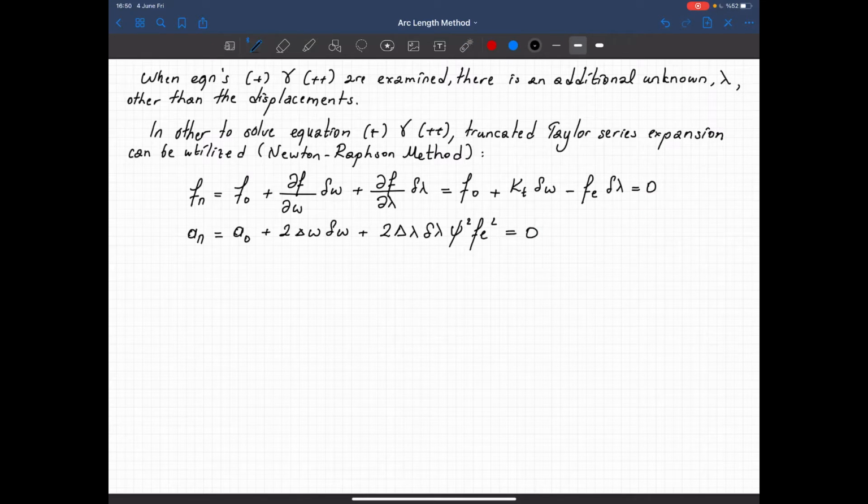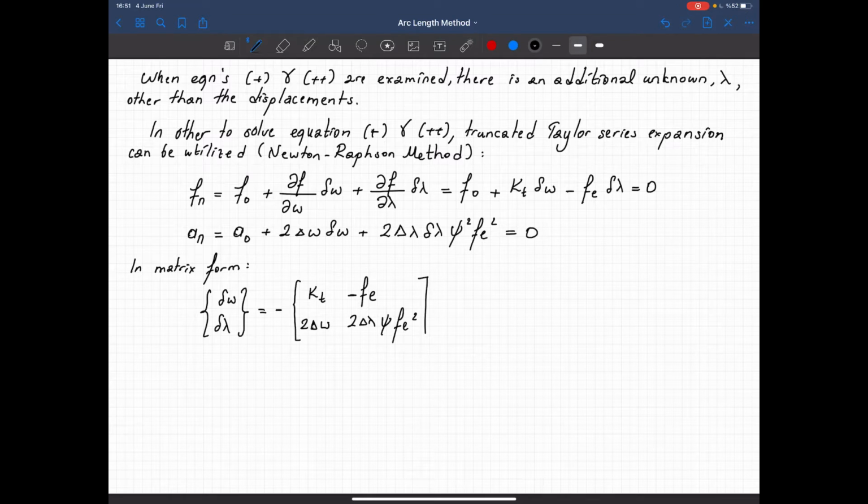So if I represent these equations in matrix form, I have that lambda equal to minus the tangent stiffness, minus Fe, 2 times delta W, 2 delta lambda phi square Fe squared, inverse, multiplied with F0 and A0, and this is our, let's call it, equation 3 plus.